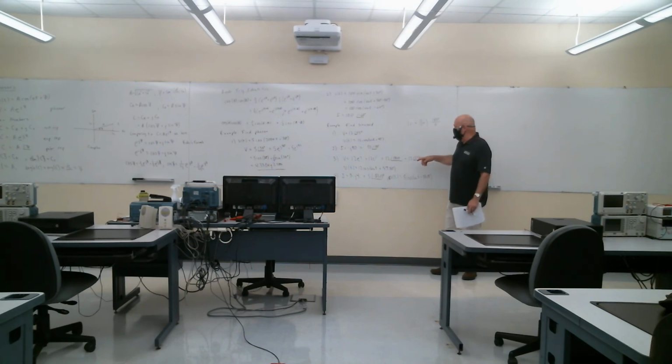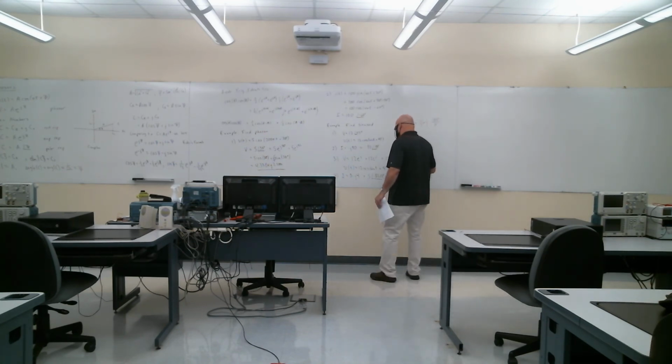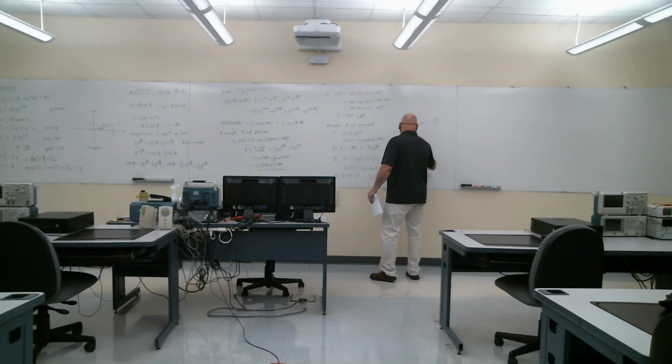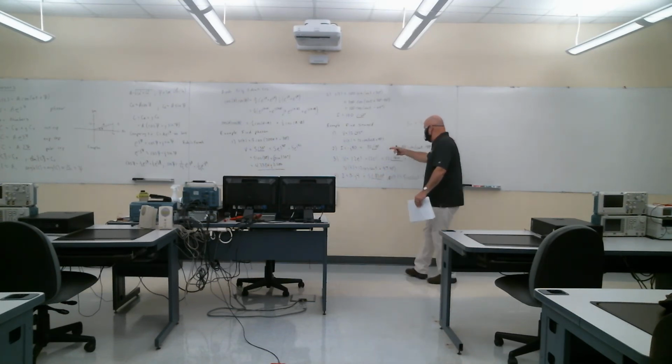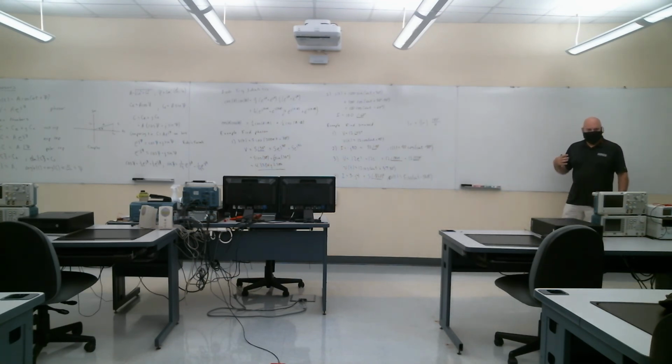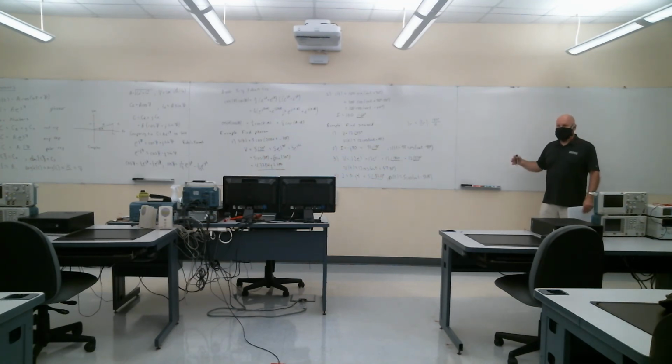It represents, did I write down the current for that one? Looks like I skipped it. That imaginary phasor represents a completely real sinusoid, in this case current or voltage, right?